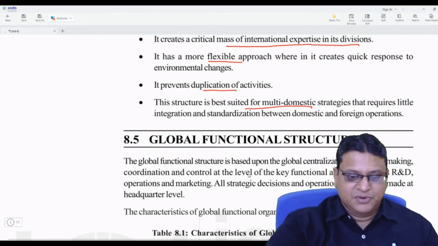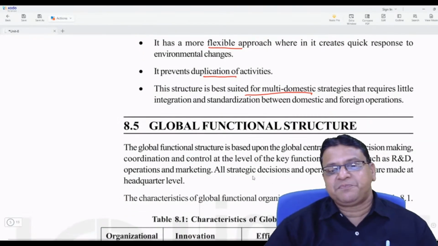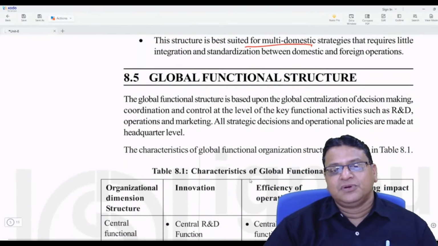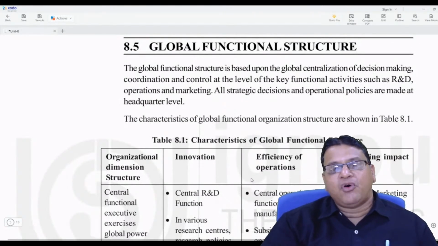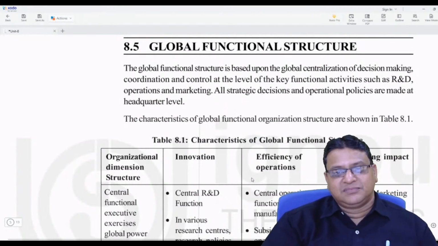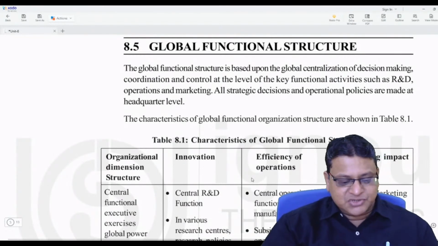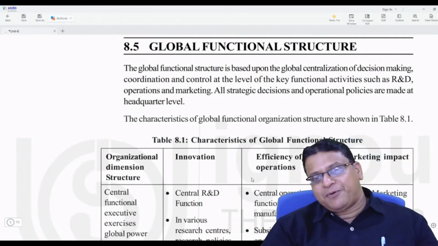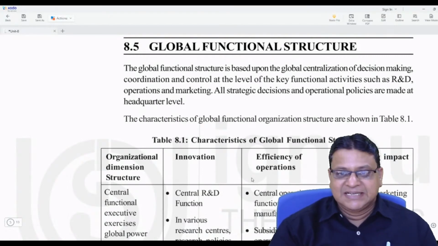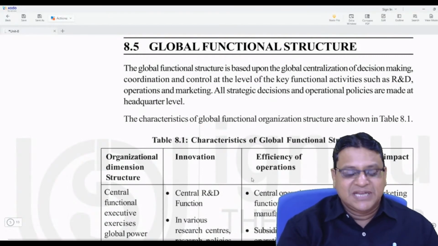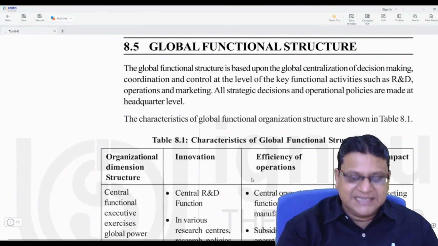Another type of organizational structure found in global companies is the global functional structure. What is global functional structure? Global functional structure is a centralized organizational structure. It is global centralization.